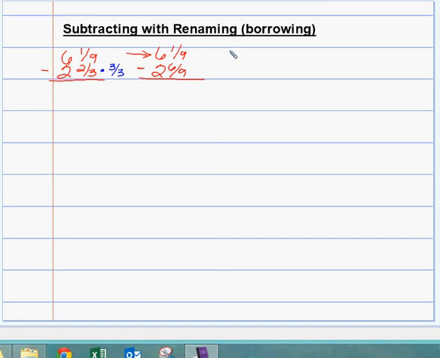So I'm going to write a note here, and you may want to do the same, but we are going to borrow 1 from the 6, but we are going to write it as however many makes a whole. So this is 9 pieces, so it would be 9 out of 9. Borrow 1 as 9/9 from the 6.